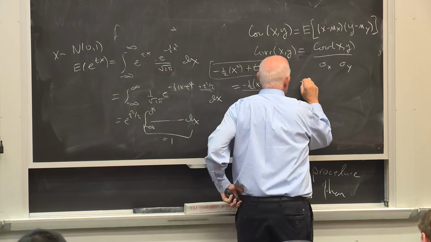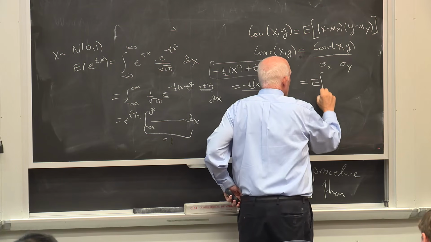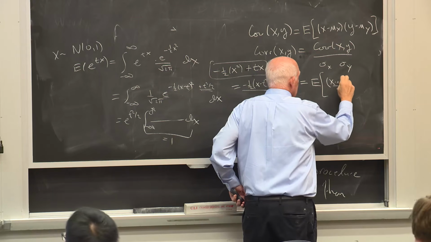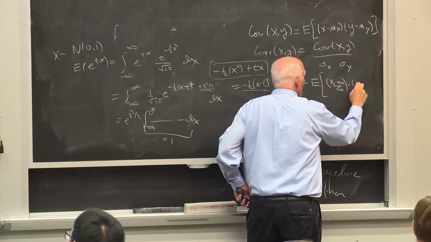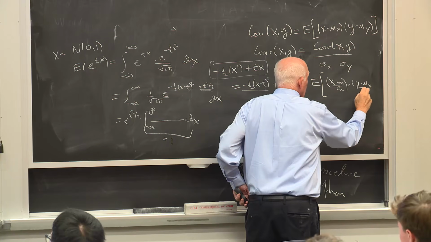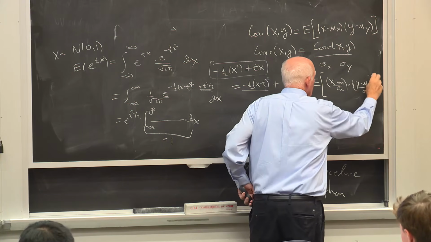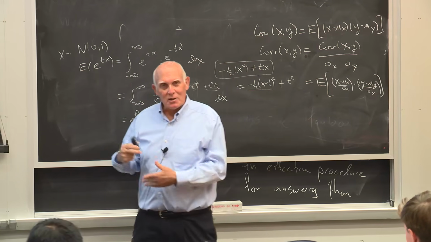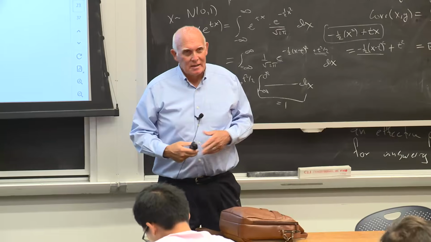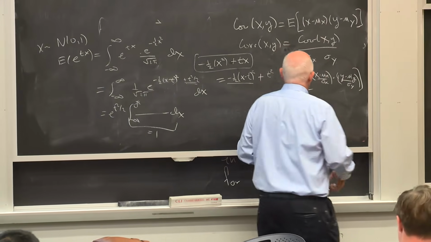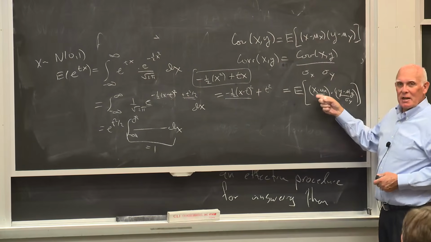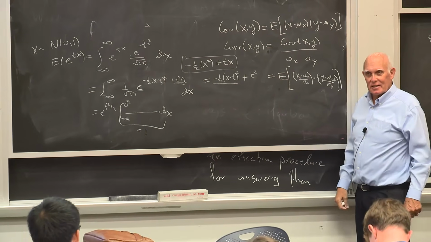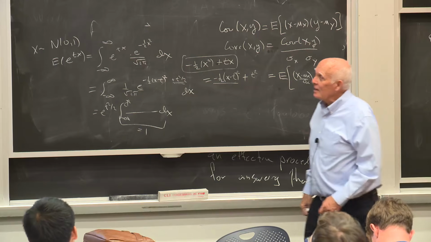And it turns out that this can also be written as the expected value of x minus mu x over sigma x times y minus mu y over sigma y. So the standardization of the random variables to have mean 0 and standard deviation 1 can be made, and then the expected product of those standardized values is the correlation statistic or the correlation parameter.